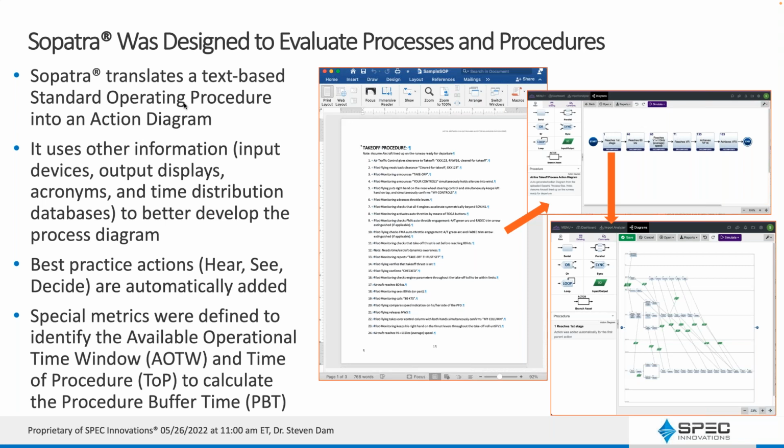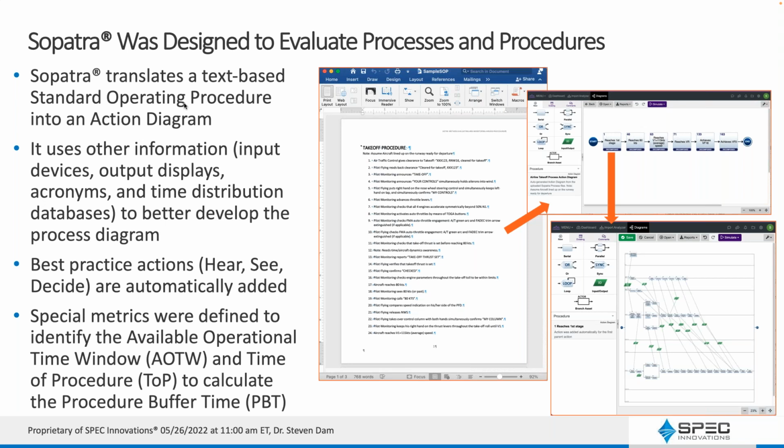You can imagine there are a lot of bad things that can happen if the procedure is done wrong, particularly in human critical activities, so that becomes a very important factor. You want to make sure your time of procedure, your TOP, is within that window, because if it isn't, then you have a high probability of failure. We call that difference the procedure buffer time. And that's a very easy way to calculate.